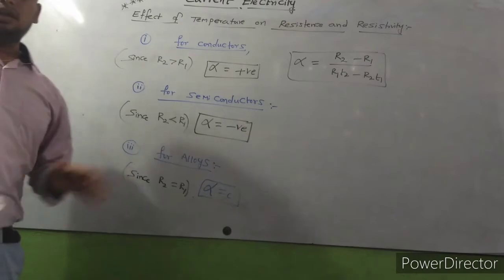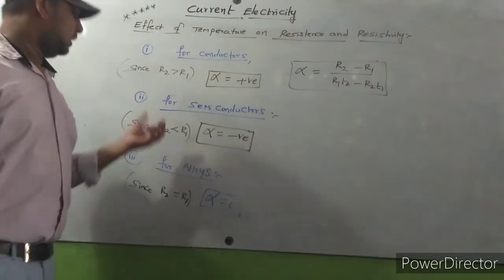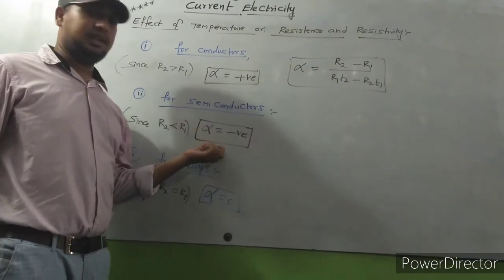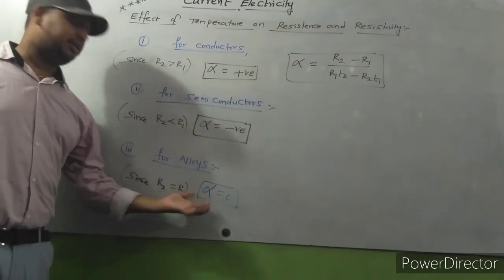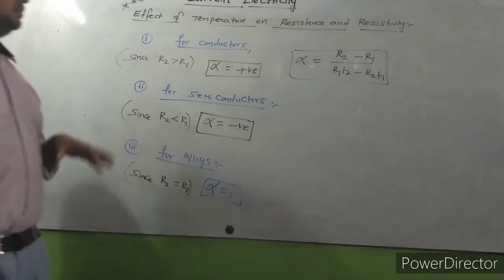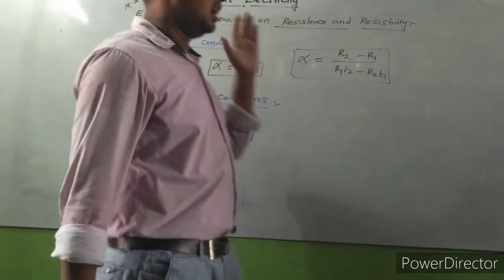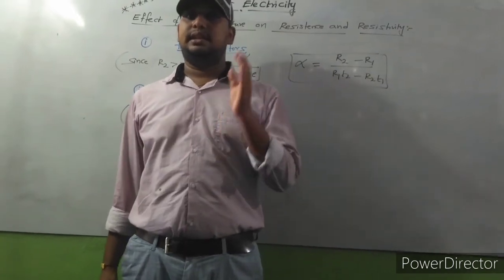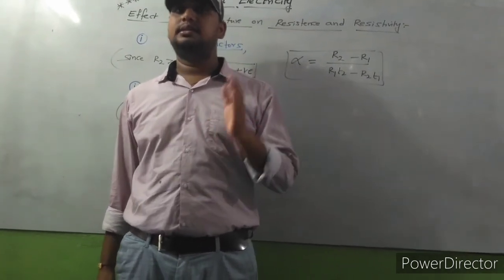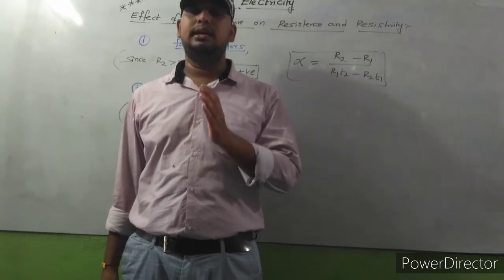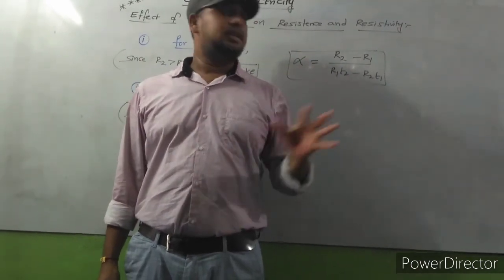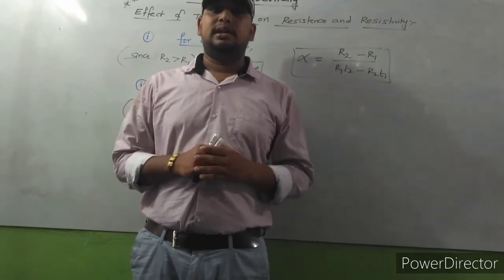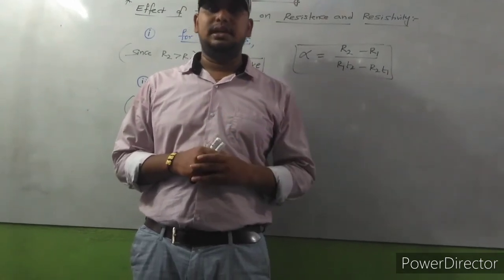So for conductors alpha value is positive, for semiconductors alpha value is negative, and for alloys alpha is equal to 0. So this is the concept about the temperature effect on resistance in conductors, insulators, semiconductors and alloys. So this is the total session regarding resistance and temperature relation.